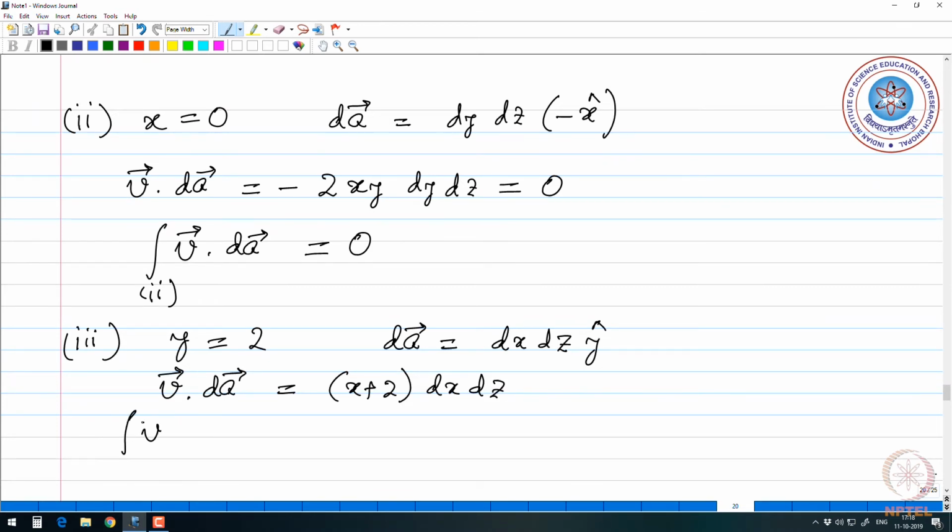Therefore, the integral of v dot dA on this surface is integration 0 to 2 of (x plus 2) dx multiplied by integration 0 to 2 dz. If we integrate the x part and multiply it with the integrated value of the z part, we get this quantity equals 12.